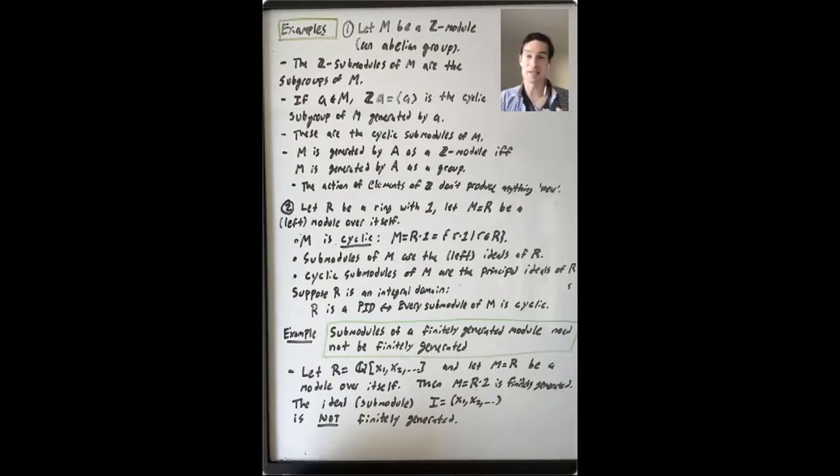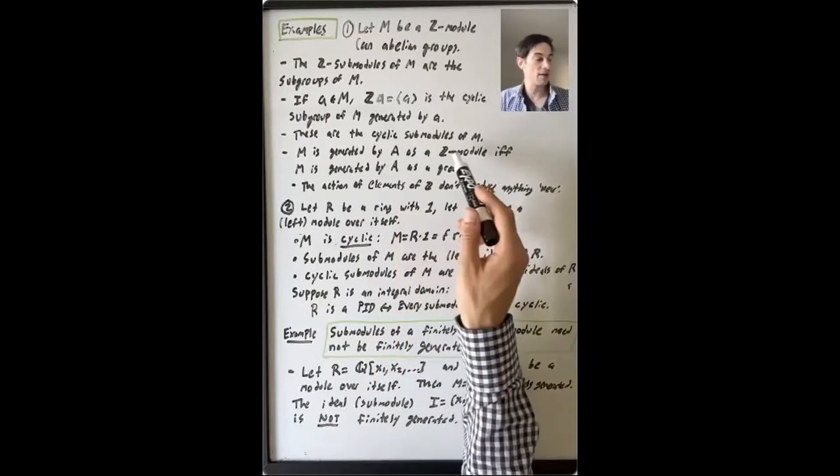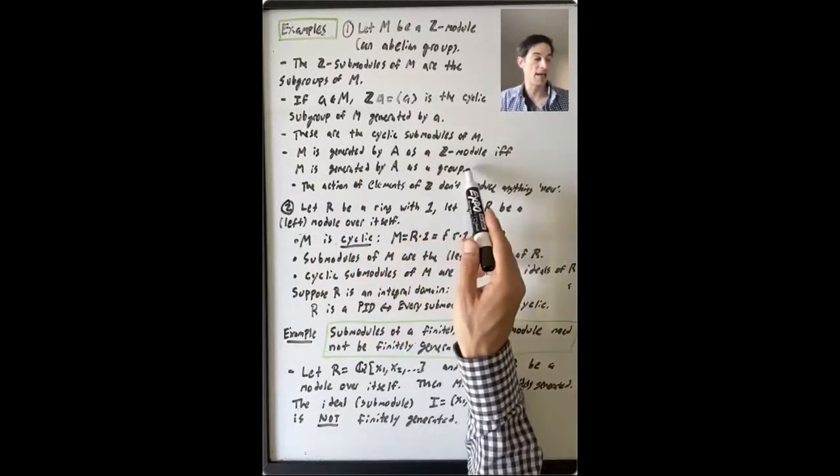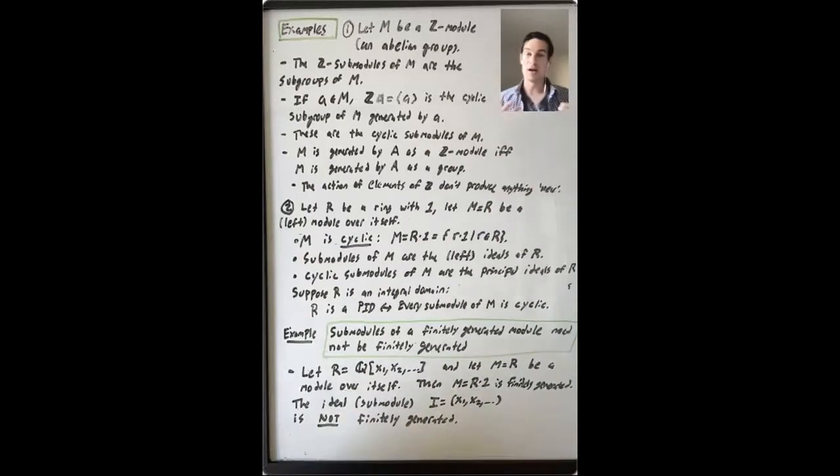It is not difficult to see that M is generated by A as a Z module if and only if M is generated by A as a group. So if you have a subset A, the submodule generated by A is always going to include all of the sums of elements of A with repetition.